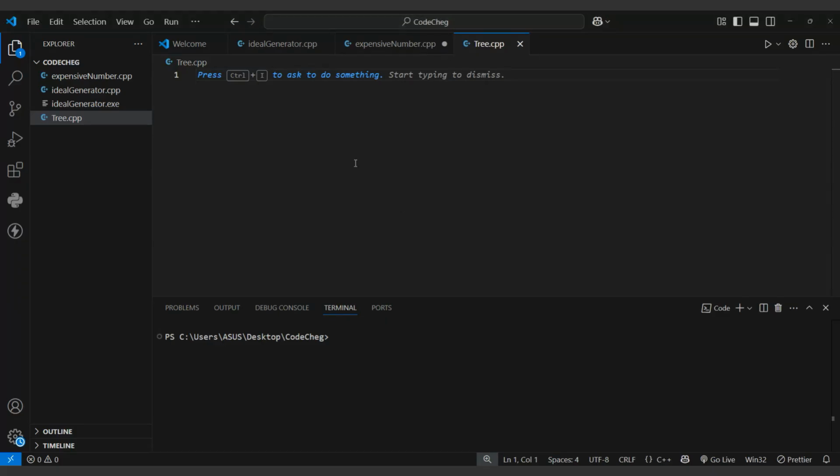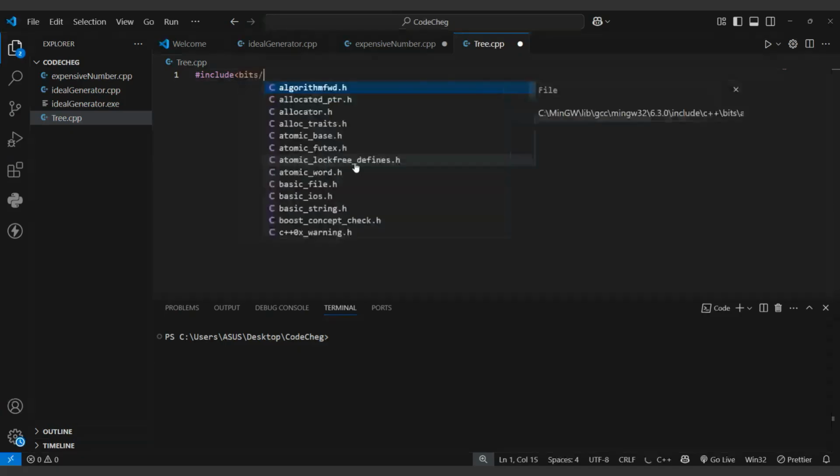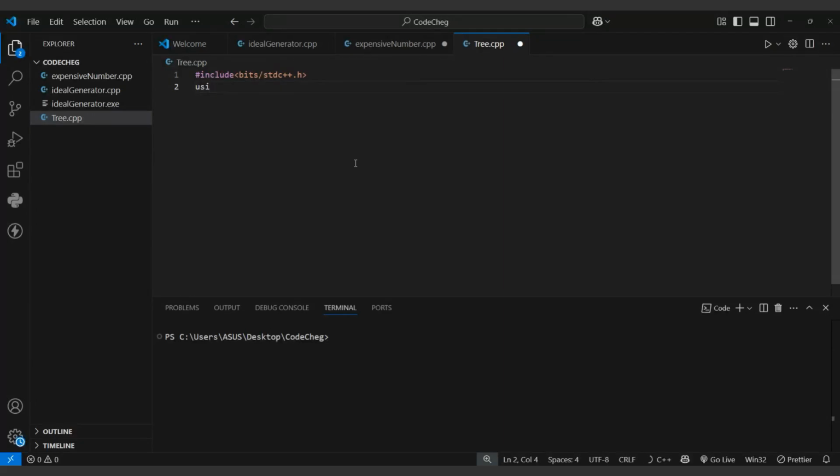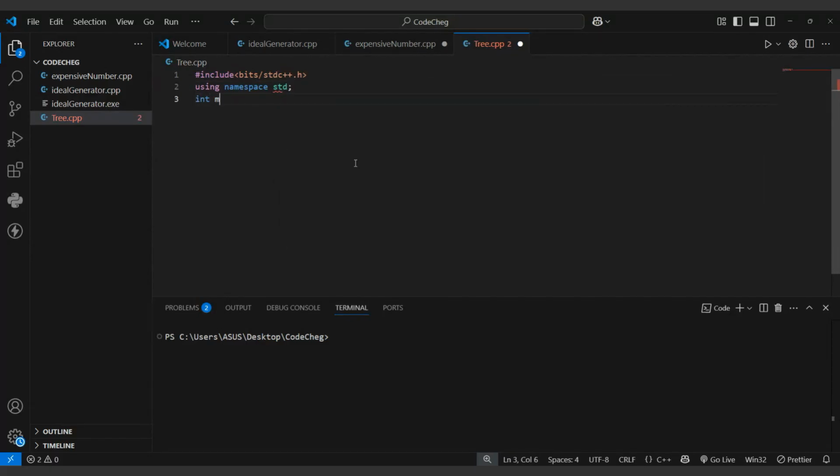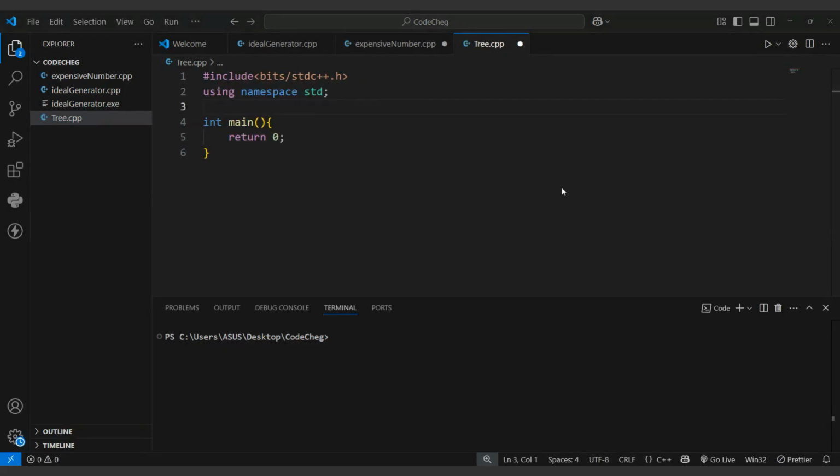So we are going to create the tree. This is a basic piece of code, you all know that, so there is no need to explain these basic lines.